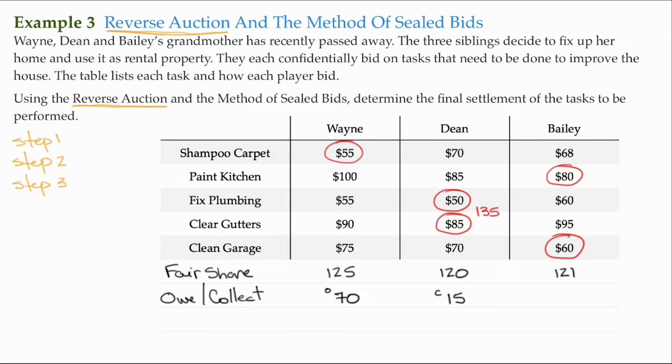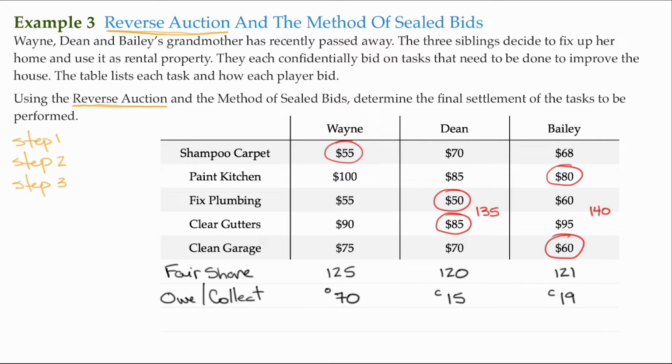And as we go over to Bailey, $80 and $60, I'm just going to pen it in right there. That's $140 worth of work, but his fair share worth of work is only $121. So he's doing more work than what his fair share should account for. So he's going to want to collect $19. And again, I'll mark that with a little C right there.